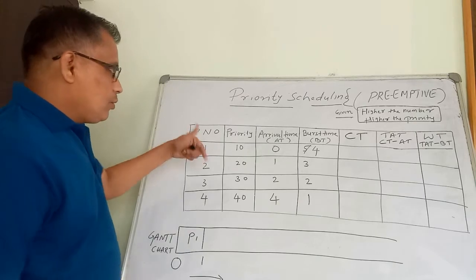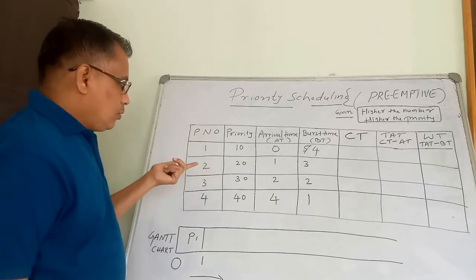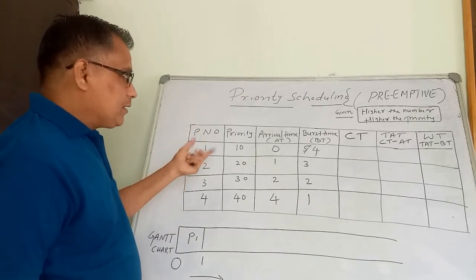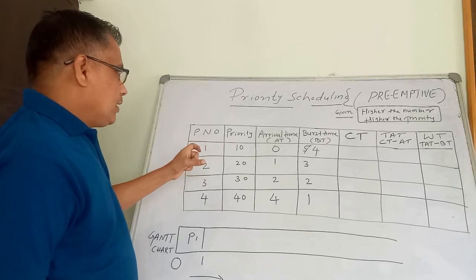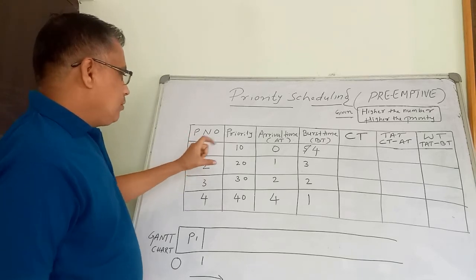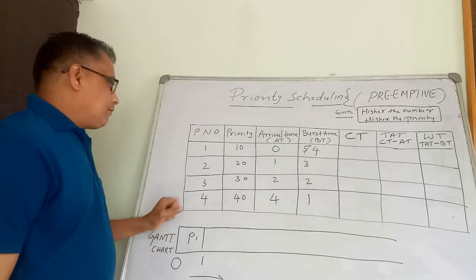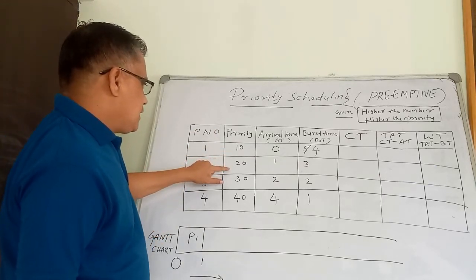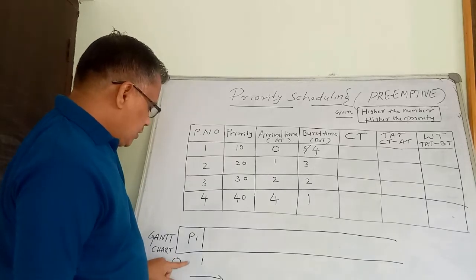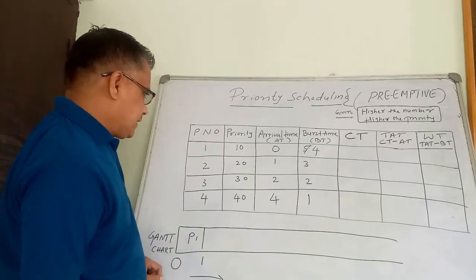Now you have to implement the preemptive scheduling algorithm, the preemptive mechanism of priority scheduling. Here you can see I have only scheduled P1 for 1 second.